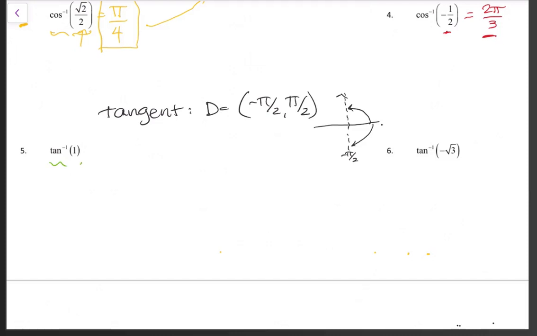For the inverse tangent of 1, I want to find the angle whose tangent value is 1. Now it helps to remember, because tangent isn't always something you memorize as quickly as you do the sine and the cosine, the relationship that the tangent of an angle is the ratio of sine to cosine.